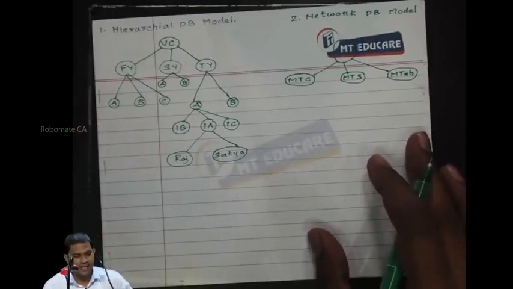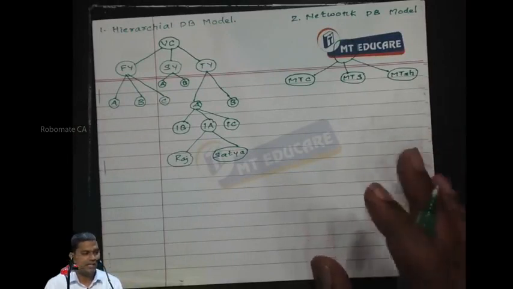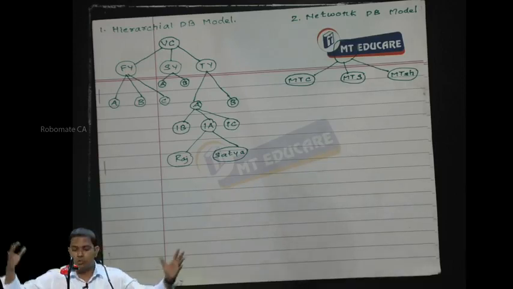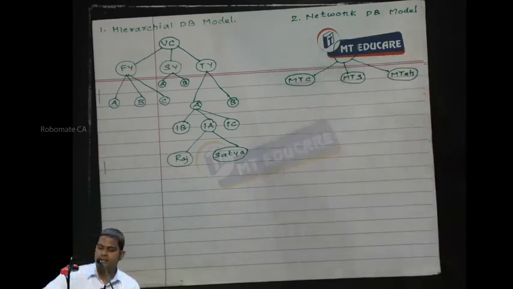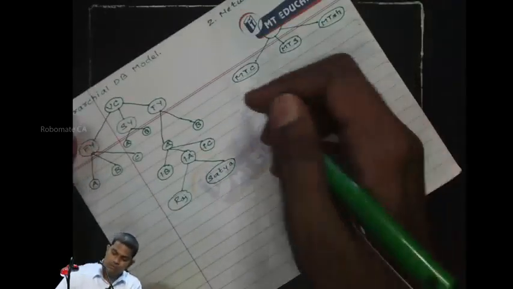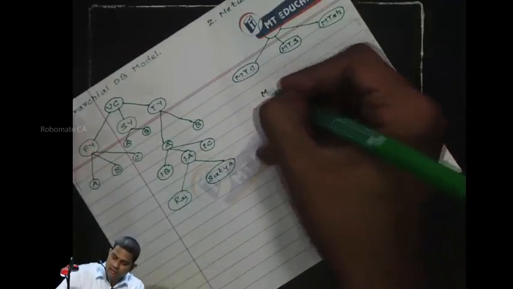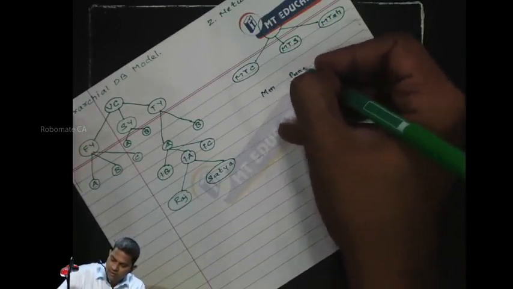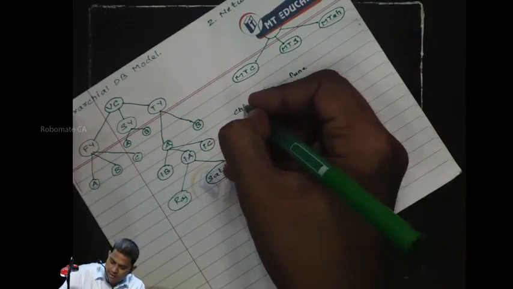Are you understanding this? Okay, now listen. Under MTC, there are various zones. Let's keep aside MTS and MT School. There are various zones, like base is in Mumbai, there is one in Pune, one in Chennai.